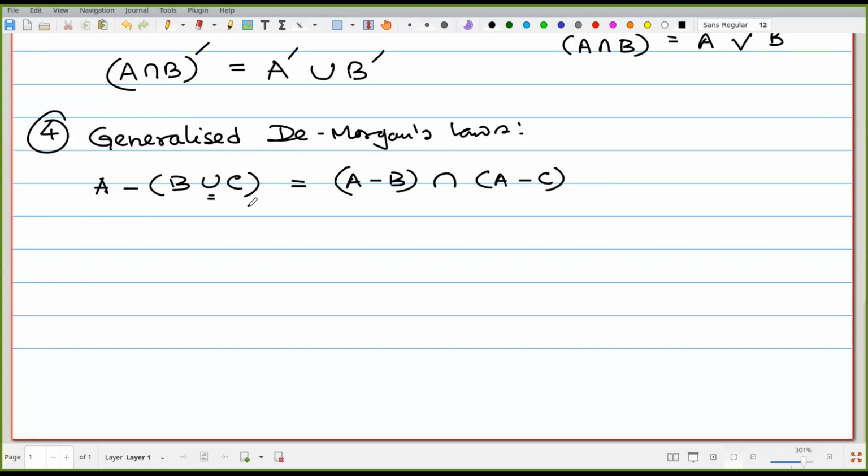So when that one is union, that one becomes intersection. Same as if we have A minus (B intersection C), that becomes (A minus B) union (A minus C). So that one is intersection, that one becomes union. Those are called the generalized DeMorgan's laws.